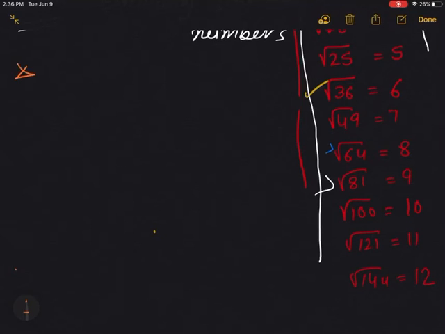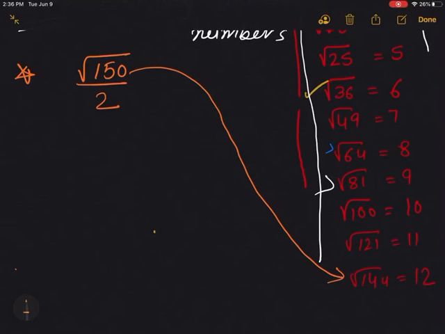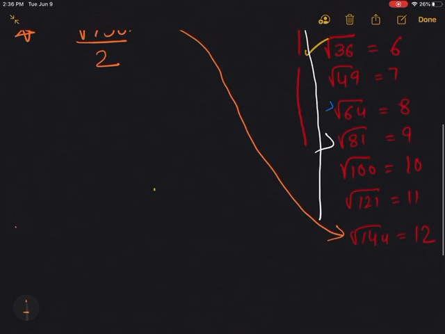So my next example is square root of 150 over 2. Is it rational or irrational? It's not a perfect square, so it is irrational. So 150. Let's find its range. This number looks smaller, so I have to have another number on my list. Let's just say square root of 169 is 13.